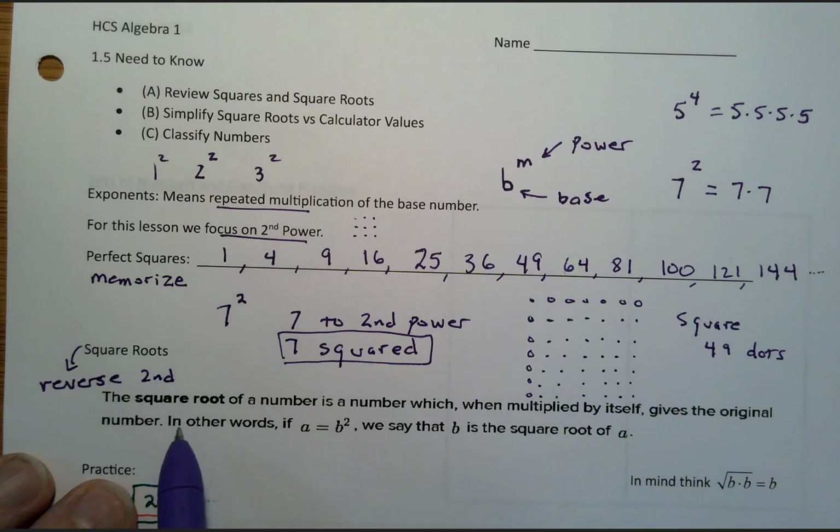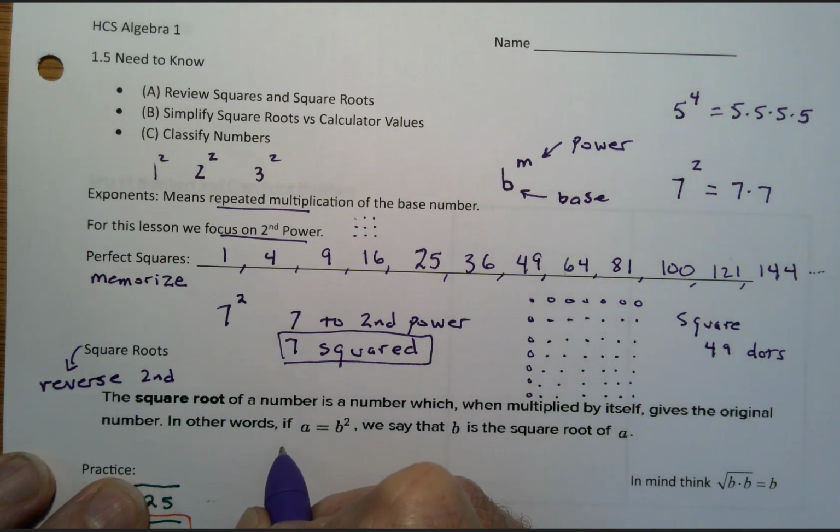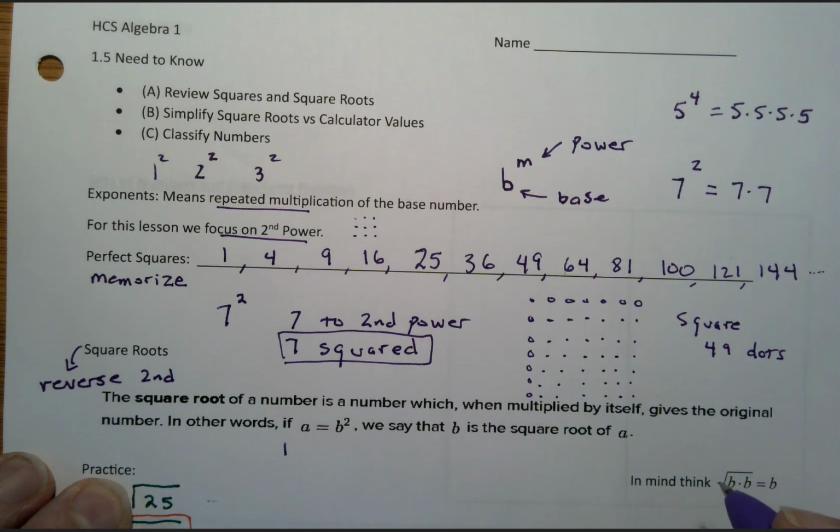So formally, the square root of a number is a number which, when multiplied by itself, gives the original number. The words are kind of complicated, but the math is not too bad. If a equals b squared, then b is the square root of a. And we use this symbol here.